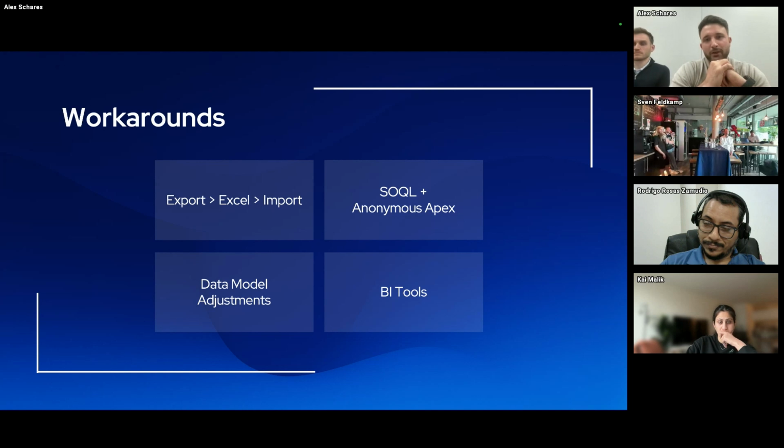And yeah, maybe the worst thing I've seen is, I've called it here data model adjustments, is people went in and started to create hundreds of helping fields on the contact and account level. For example, a summarization of the total number of won opportunities will be stored on account level, just so I can report on contacts and accounts on kind of opportunity data, contract data, product data, whatever you name it.